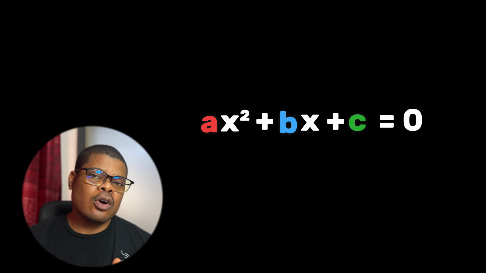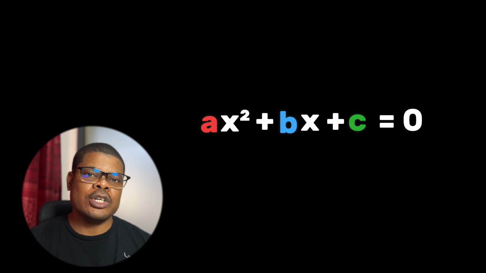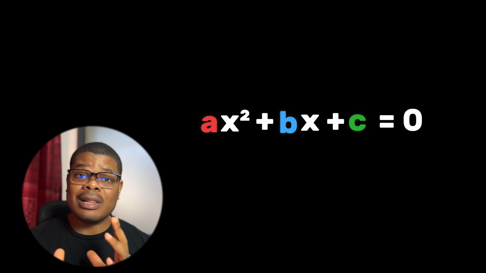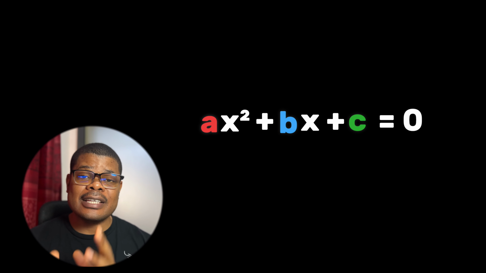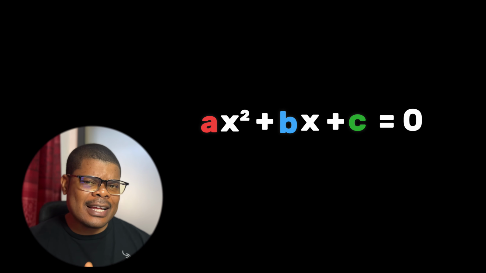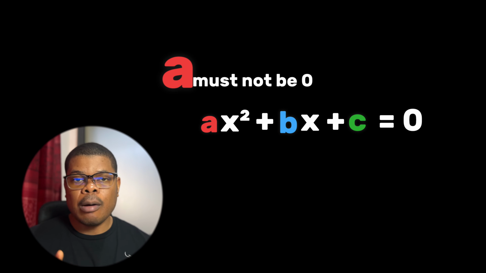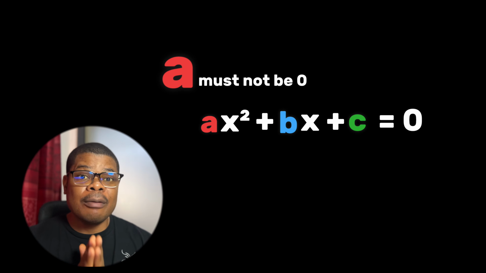So let's go. All right, so this right here is what we call the standard form of a quadratic equation. It has some letters. It has A, it has B, and it also has C. Now, A, B, and C are just numbers. They represent numbers. But there is one big rule, and that is that A must not and never be equal to 0.